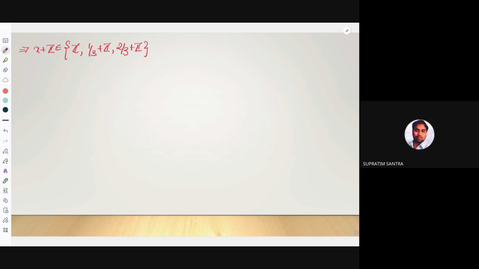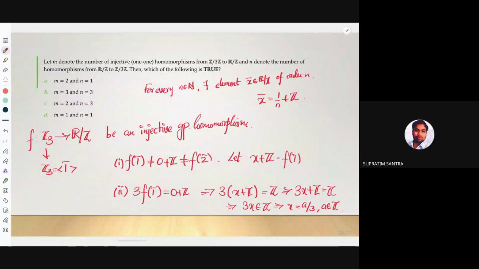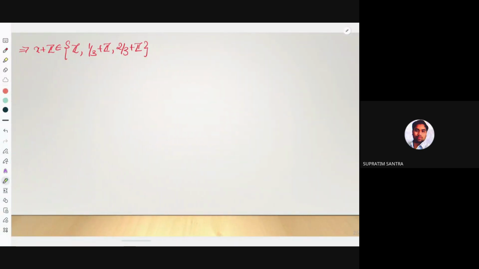So now x plus Z can't be Z because we have assumed f of 1 bar is not Z. Right? So x plus Z can't be Z, which implies either f of 1 bar is equal to 1 by 3 plus Z or f of 1 bar equals 2 by 3 plus Z. So in both these cases, f is injective.